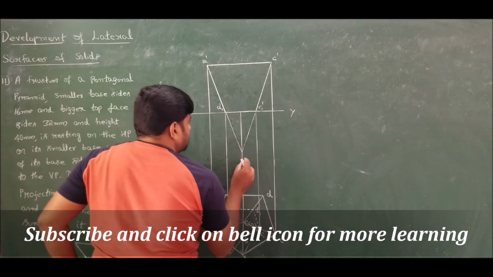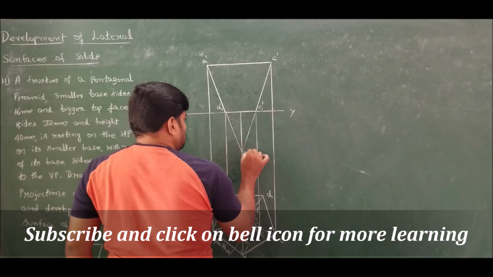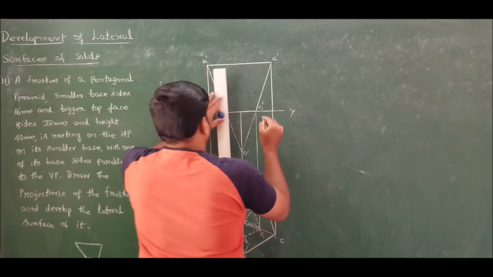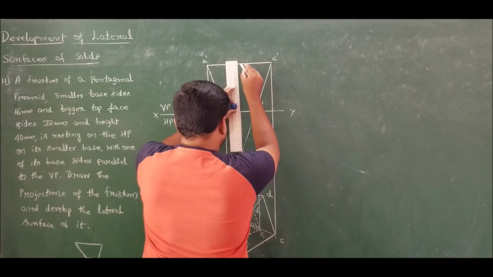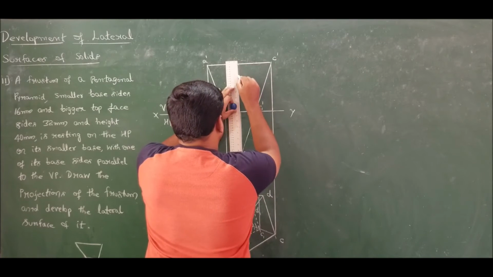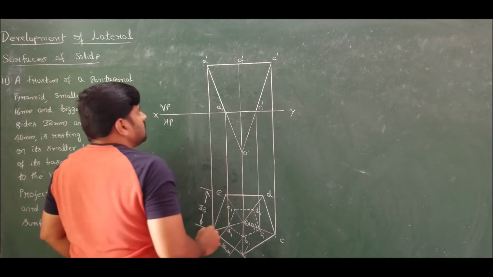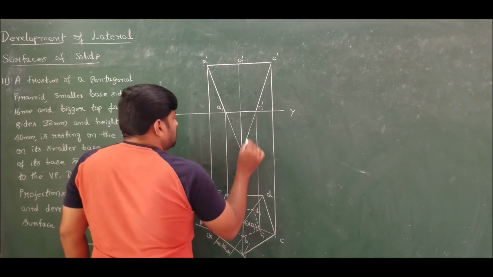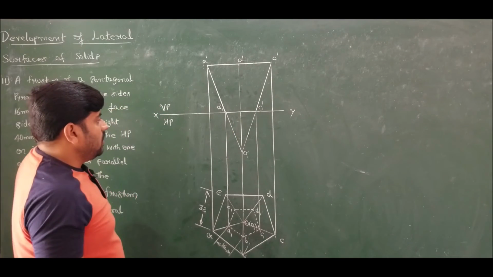So get the apex here. So this is O dash, and here I get O. Let me call this O1 dash and this O dash. Now we got the apex point.